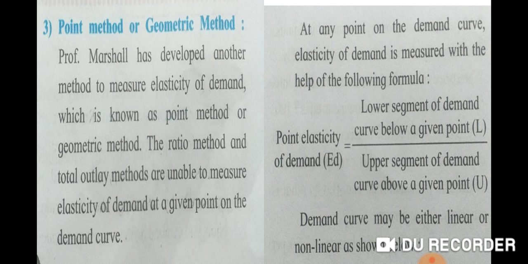We saw a numerical example in the ratio or percentage method, dividing the percentage change in quantity demanded by the percentage change in price, and in the second method we drew a total outlay table to find out the elasticity of demand, but it is not sufficient. Therefore Professor Marshall identified this method, the point method or geometric method.